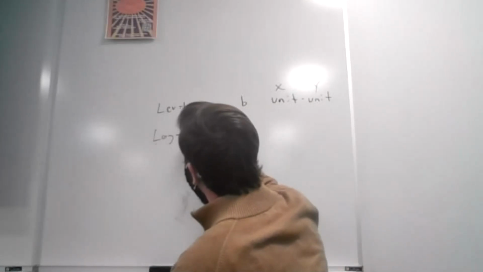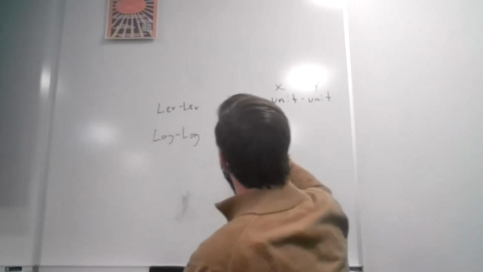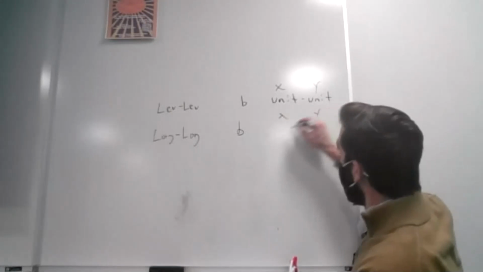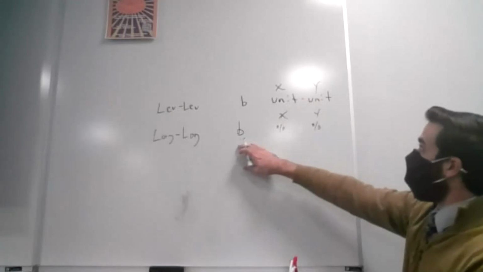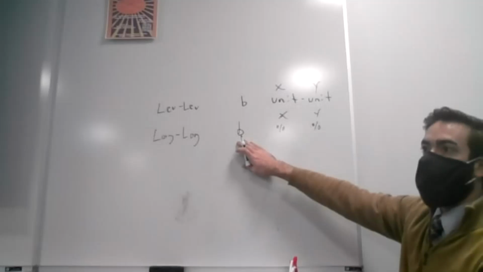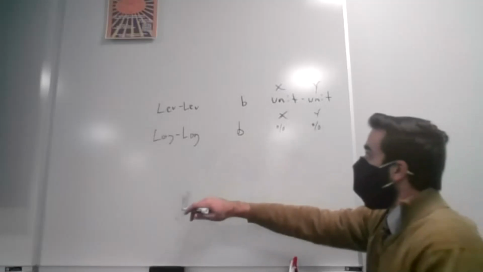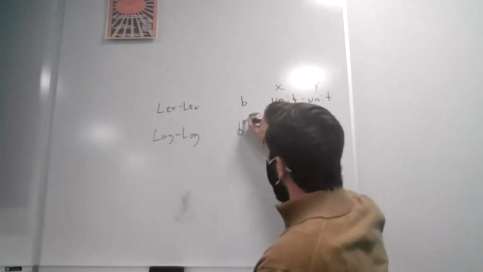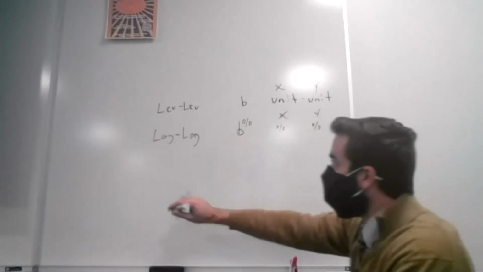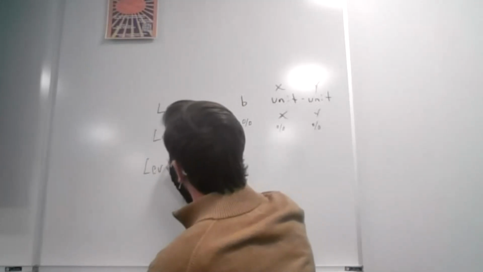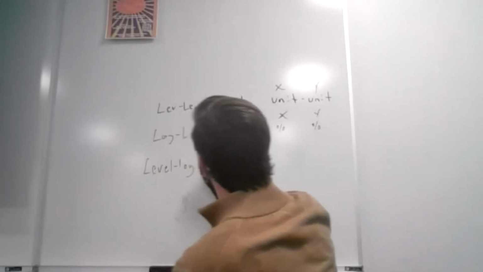If I think about my log-log model, I can think about a 1% change in my X causes Y to go up by this percent. The one that we just looked at was the level-log.